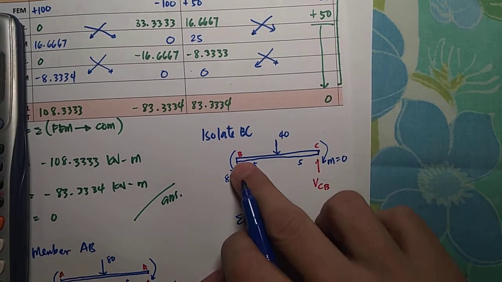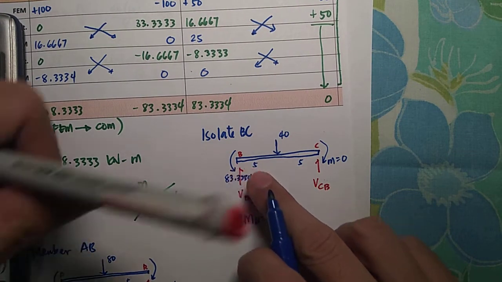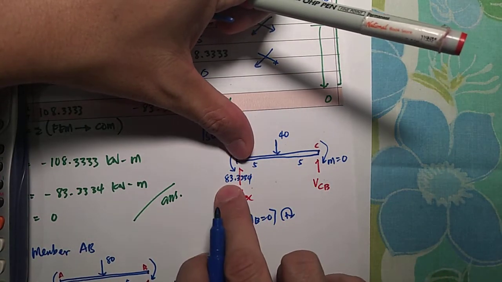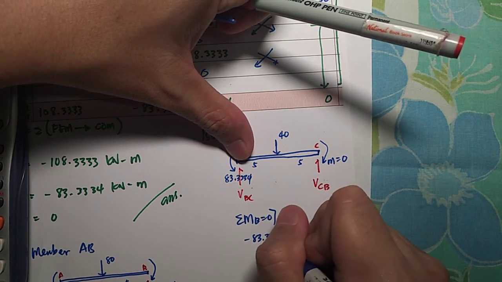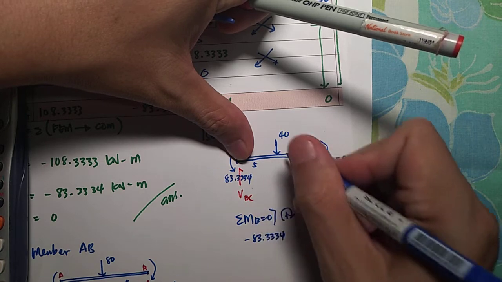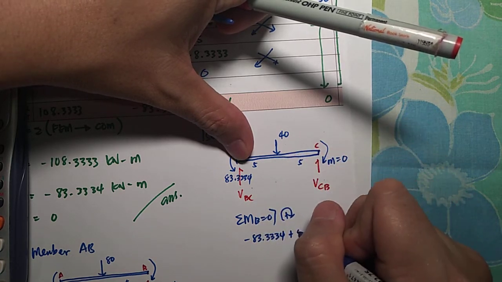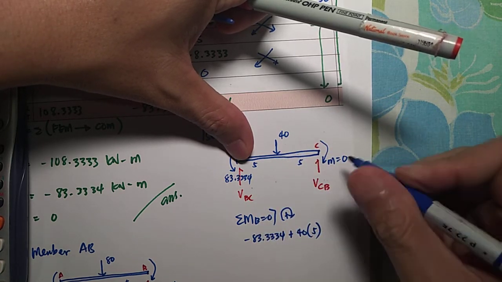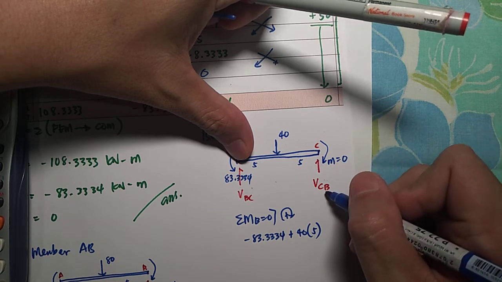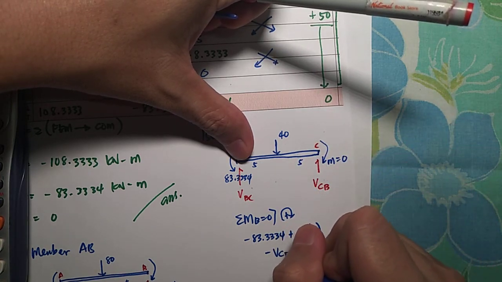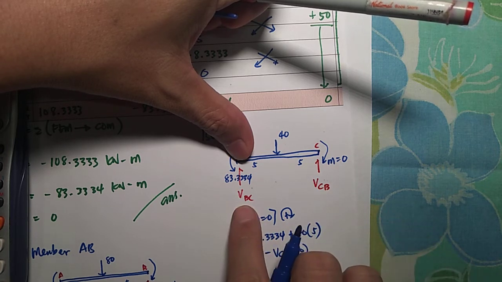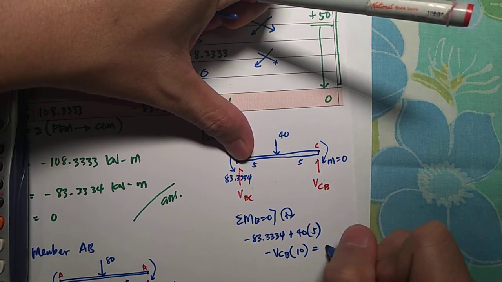So, what are the moments here? So, I got 83 counterclockwise. So, negative 83.3334. Tapos yung 40, clockwise, positive 40 times 5. Tapos yung moment on 0. Tapos itong shear, counterclockwise, minus shear CB times 10. Ito, wala to. Equals 0.